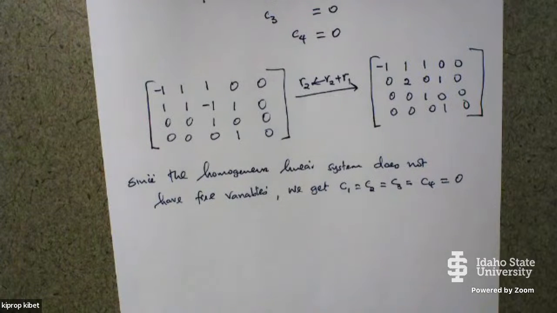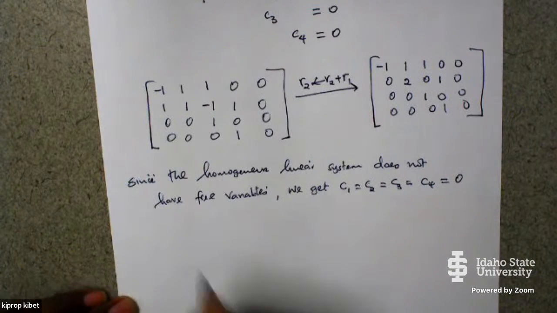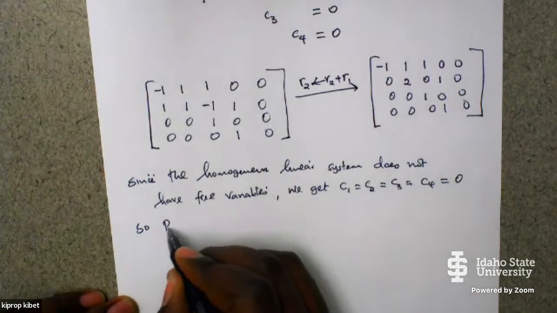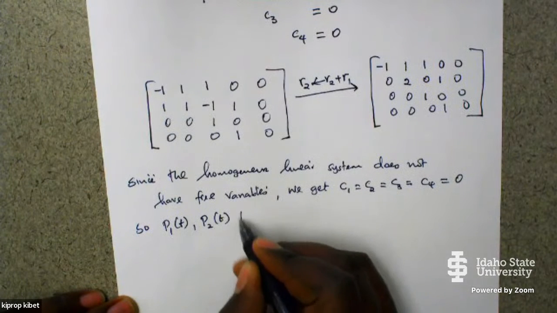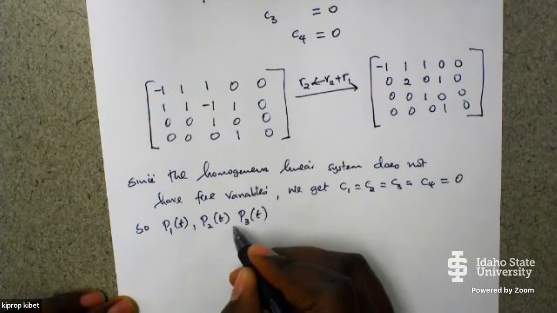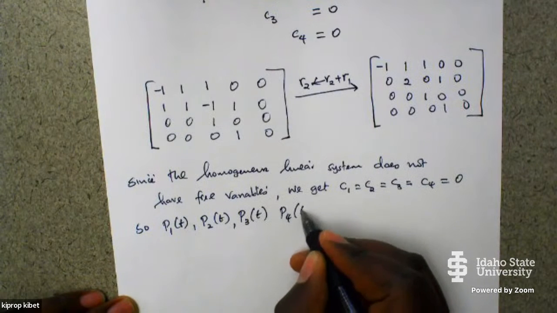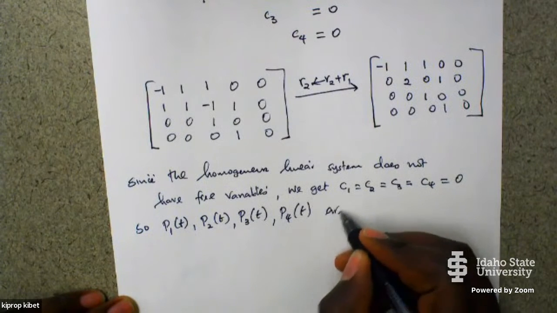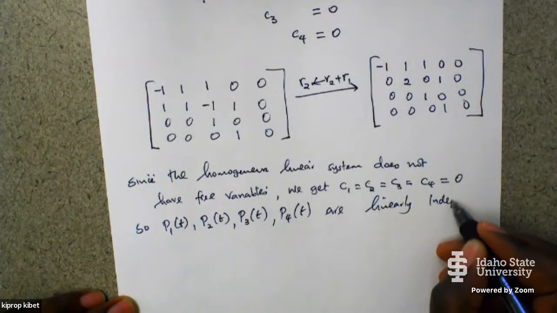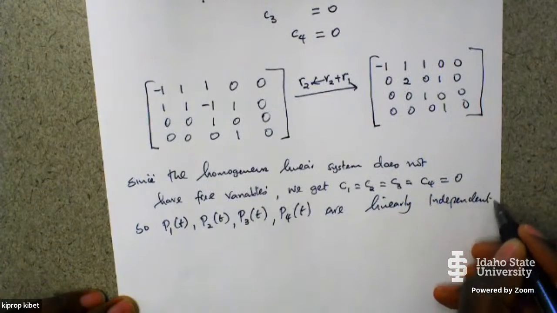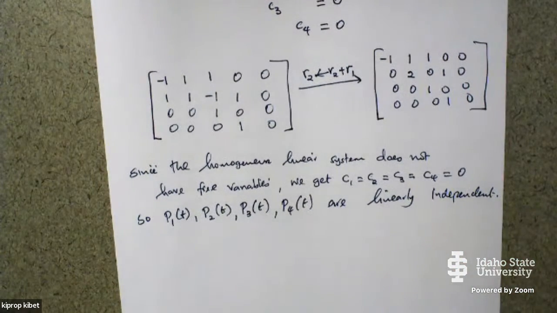So if those constants are equal to 0, then P1 of T, P2 of T, P3 of T, and P4 of T are linearly independent.